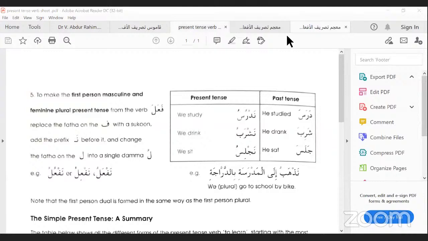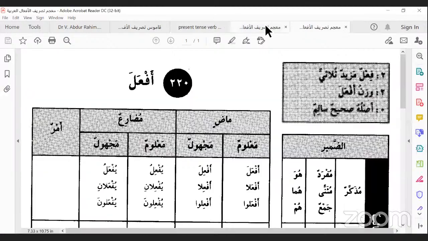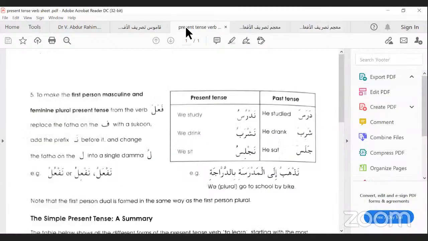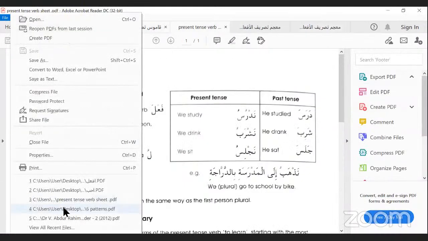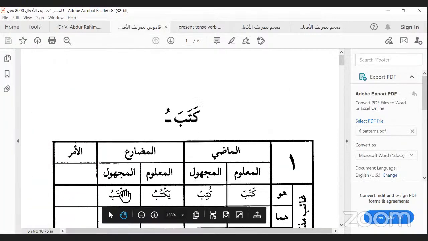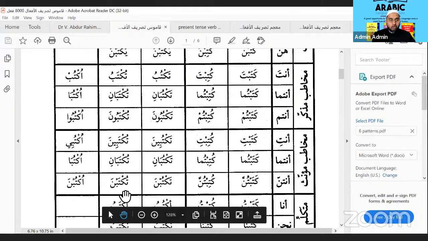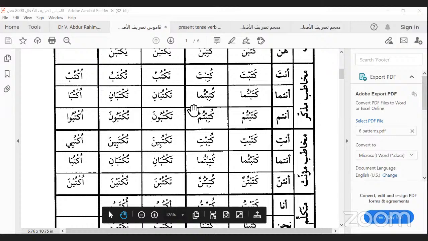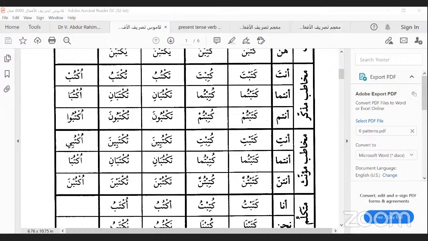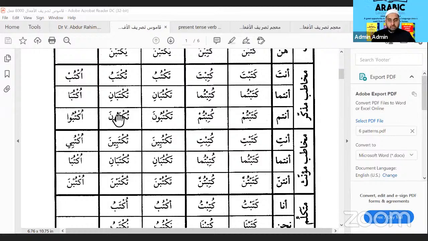This nun remains because it's the sign of the feminine plural. So the imperative for taktubu will become what? Uktub.